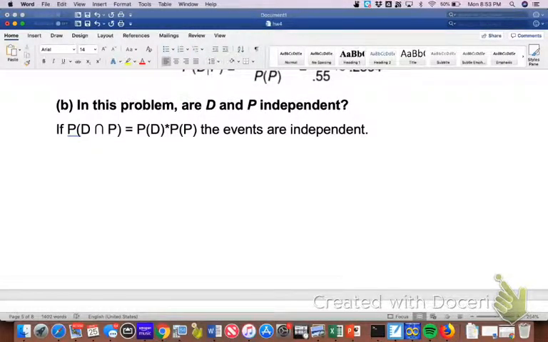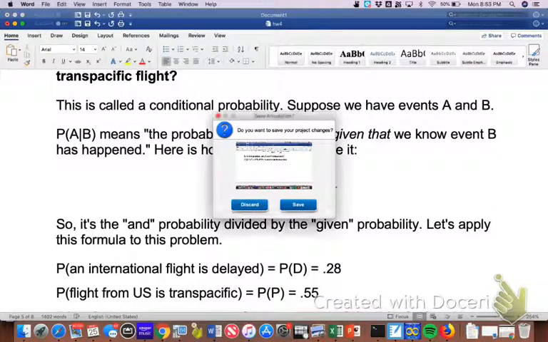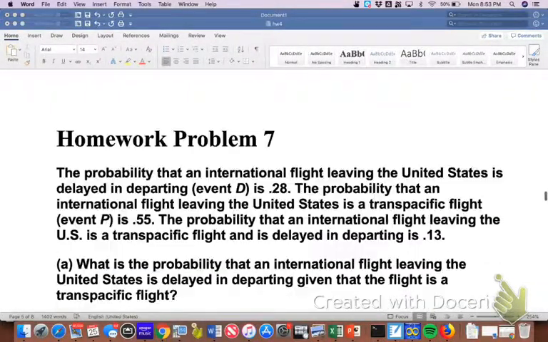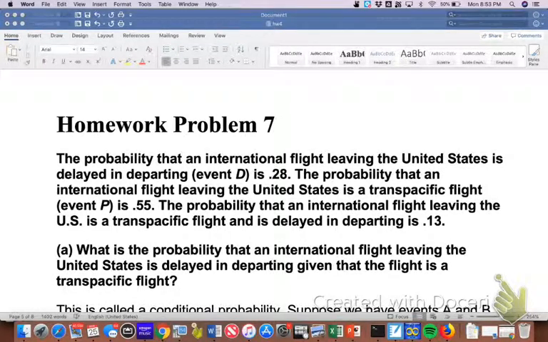Here's the deal with things being independent from each other. If they were independent, then we should be able to use just a plain old compound probability formula to get the probability of both of those things happening. The probability of the departure issue is 0.28, and the probability of it being a trans-Pacific flight is 0.55.